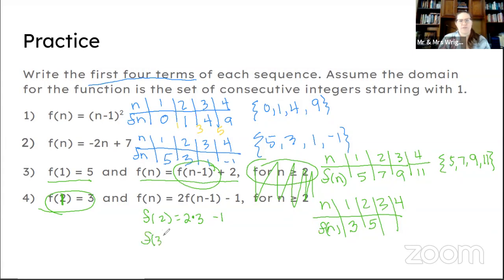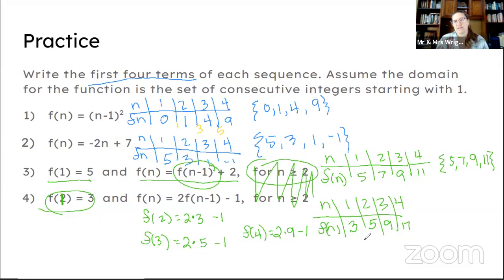So f of 3 is 2 times 5 minus 1. That's 10 minus 1 is 9, okay? F of 4 is 2 times the previous term, 9, minus 1. 2 times 9 is 18 minus 1 is 17.